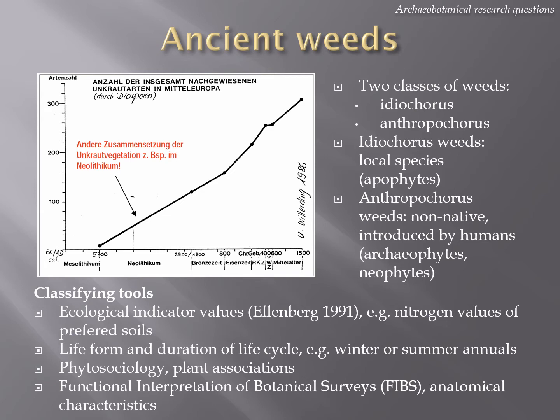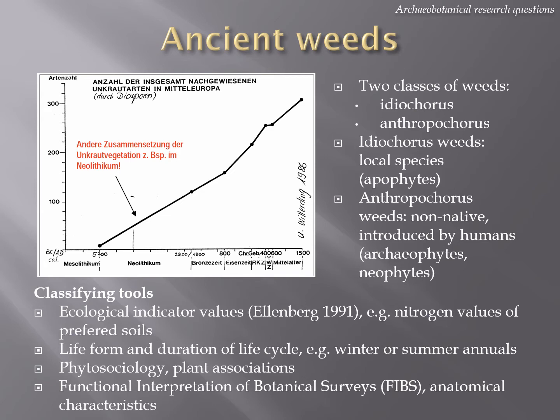Another classification tool that has been used is the life form and the duration of life cycles, such as differentiating winter annuals and summer annual species. However, these characteristics may change due to the density of plant populations, so are not necessarily applicable to past assemblages.